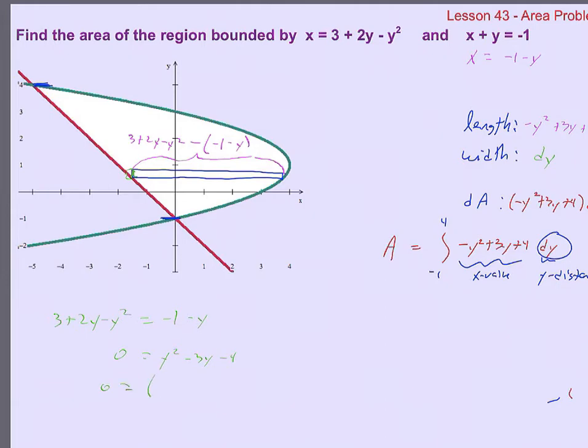And so we can factor this one. I'm doing this very fast because I expect you to be able to do it on your own. You can certainly pause and catch up if you need to. So our two solutions here are y equals 4 and y equals negative 1. That would be an algebraic way of figuring out those limits of integration.